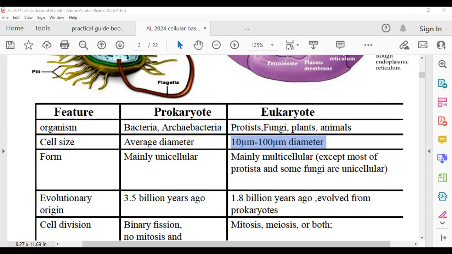Have you marked that value? 0.5 micrometer. I can't write the micro sign, I write it like this. Micrometer to 5 micrometer. You know the micro sign, correct?